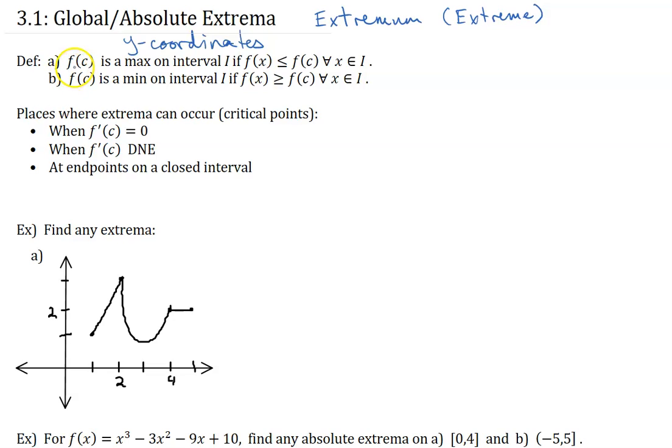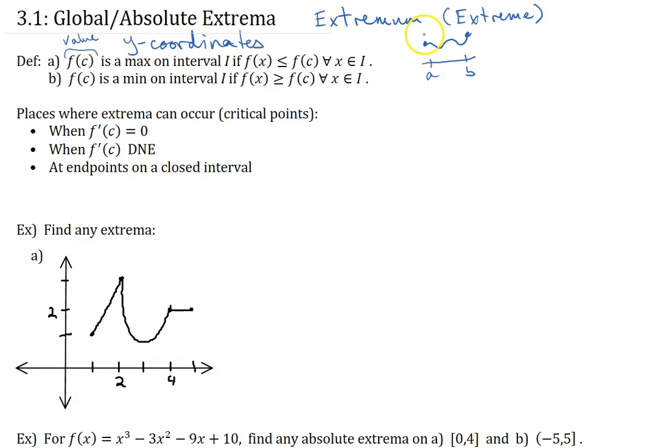All right, so f of c, and again, this is a function value, is a max on the interval I, where I is just representing an interval here, if f of x is less than or equal to f of c for every x that is in interval I. Okay, so that means for every point inside an interval, let's say our interval goes from A to B, something like this, and I'm just going to make up what happens here. f of c is a max if the height of every other point is less than or equal to that point.